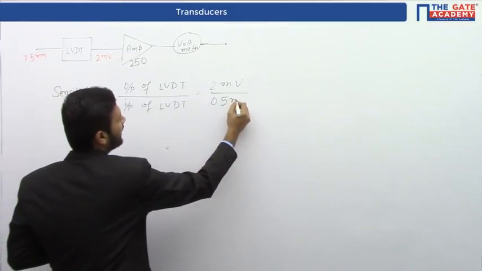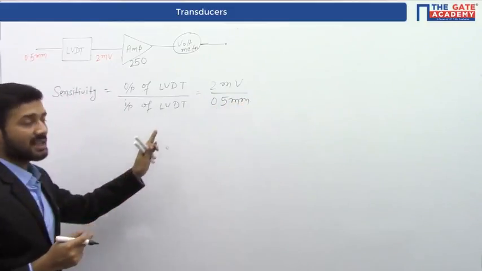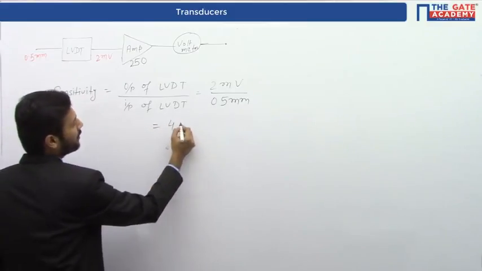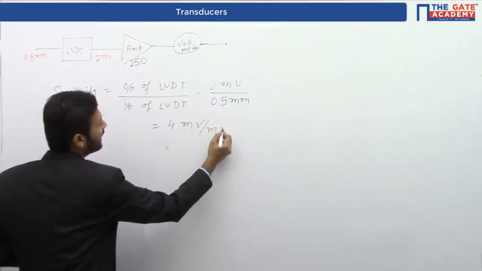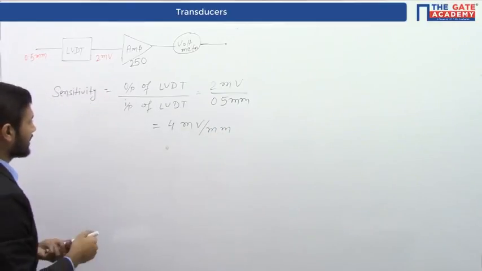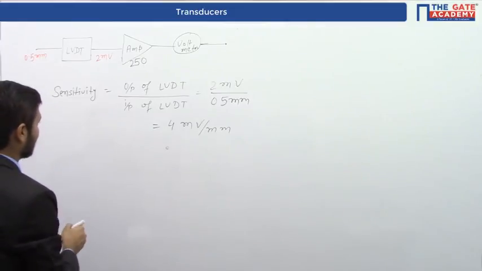That means our sensitivity is 4 millivolt per millimeter. This is the sensitivity of the LVDT.